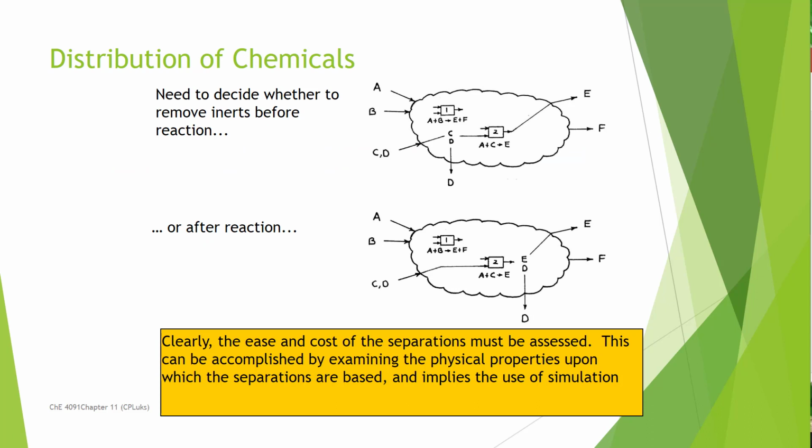So you need to decide whether you're going to remove your inerts before or after the reaction, and you're going to look at how easy it is to separate these things and how expensive it will be. You're going to need to look at the physical properties and do a simulation to get a quick idea of how easy the separation will be.